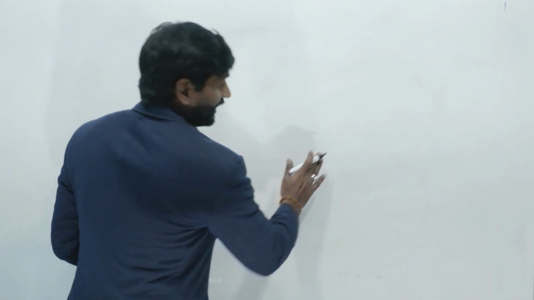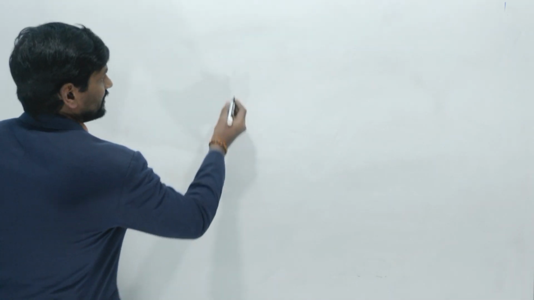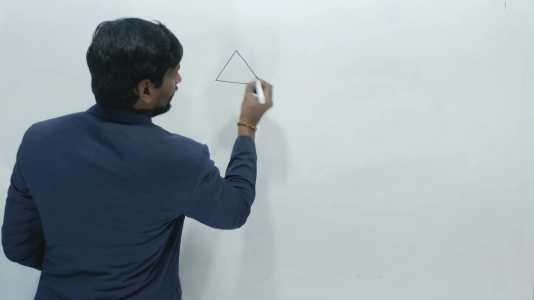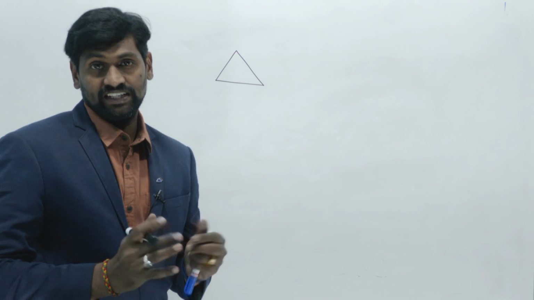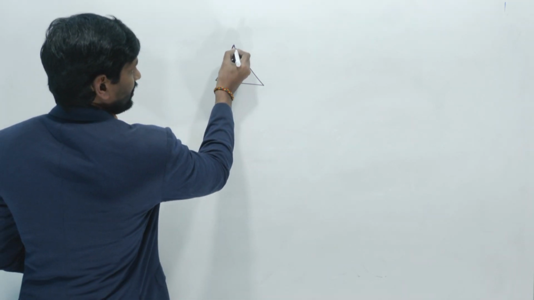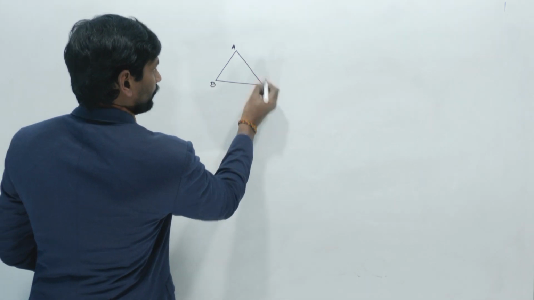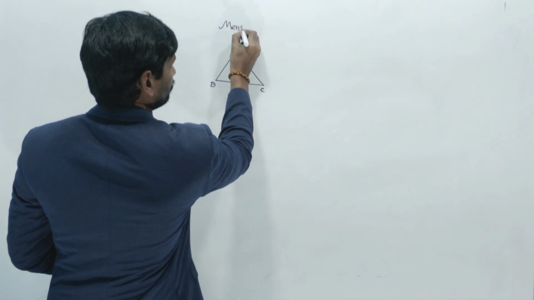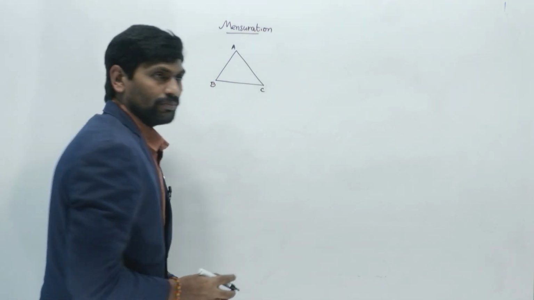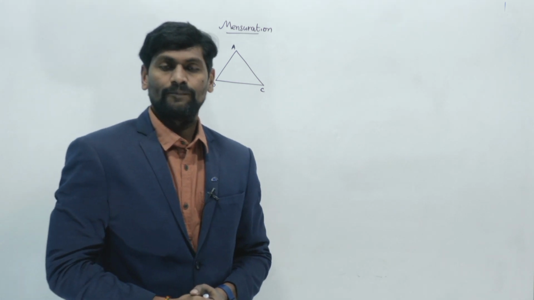A polygon is a simple closed figure formed by line segments, or formed by sides. The simple closed figure formed by three sides is called a triangle.